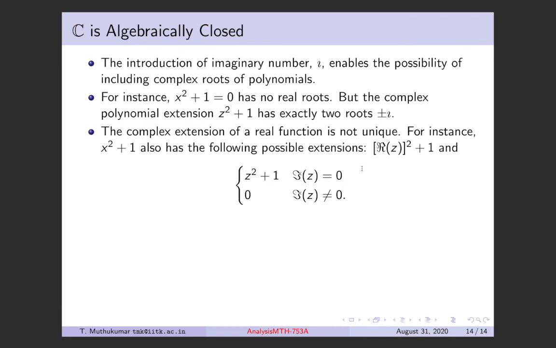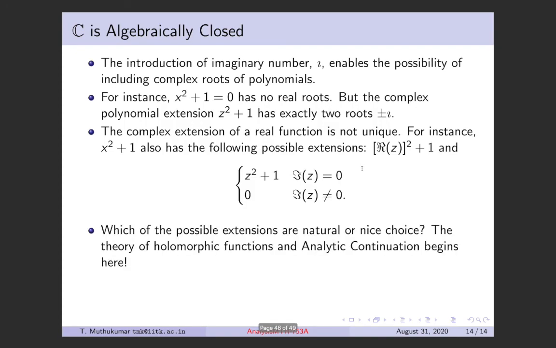These are all things which we see when we study complex function theory. These are the questions that lead one to study holomorphic functions and analytic continuations of real functions into complex domains and so on. So these are the motivations for getting into these subjects.